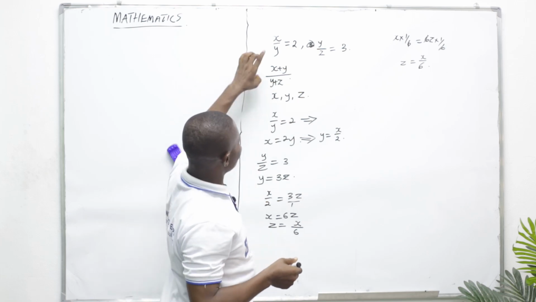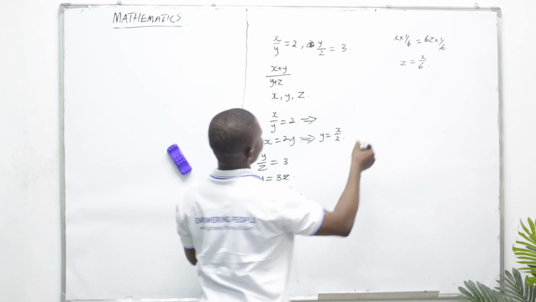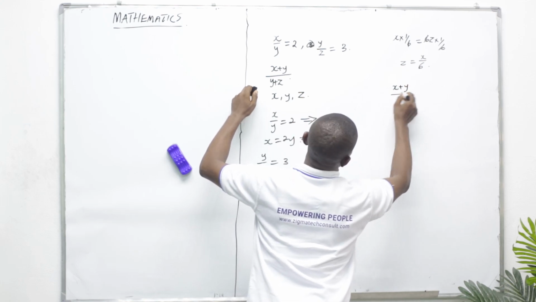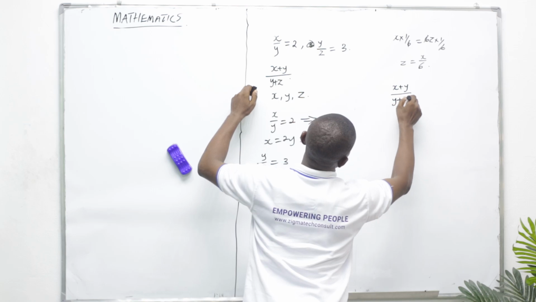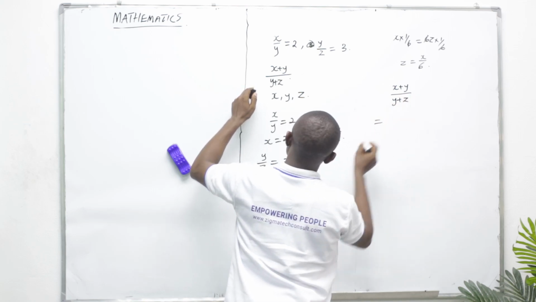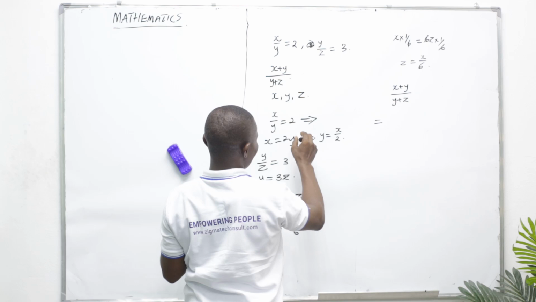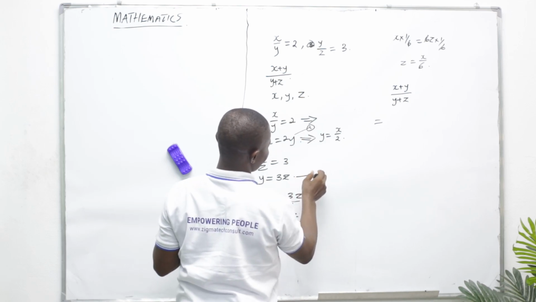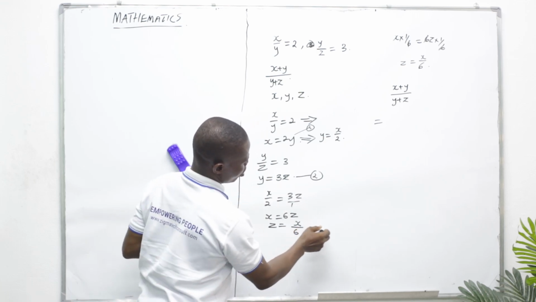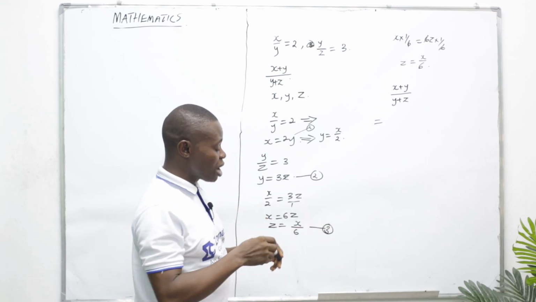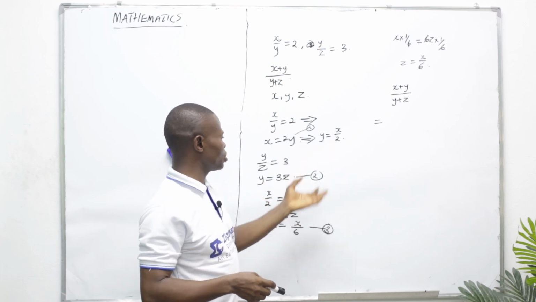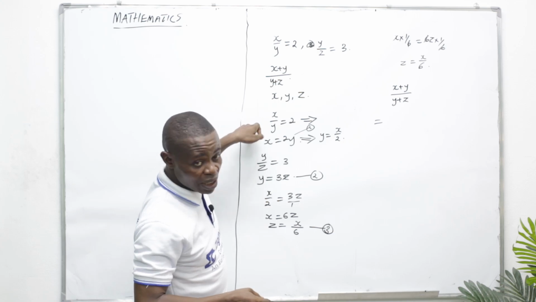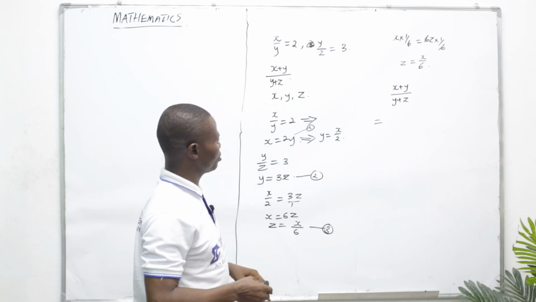So, coming back to this question we have here, recall you were told to find x plus y all over y plus z. So, from here, you can call it equation 1. You can call here equation 2. You can call here equation 3. Why am I giving or naming them different equations? It's just for you to be able to select where you have made each of them subject of the formula.